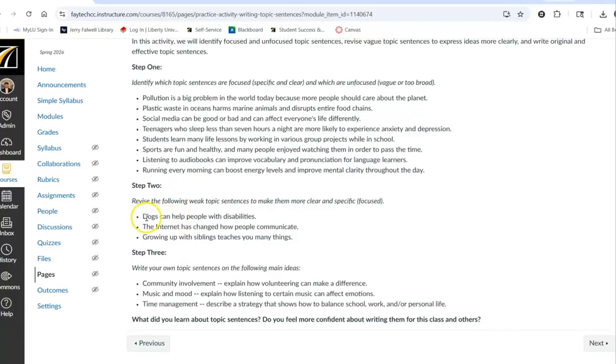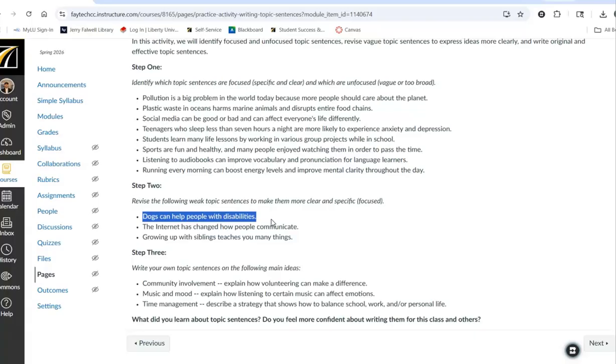Now for these, it says you are to revise the following weak topic sentences to make them more clear and specific. So, dogs can help people with disabilities. Well, in what way? So you could rewrite this to say that service dogs can help people who have issues with sight to become more mobile and exert their independence.